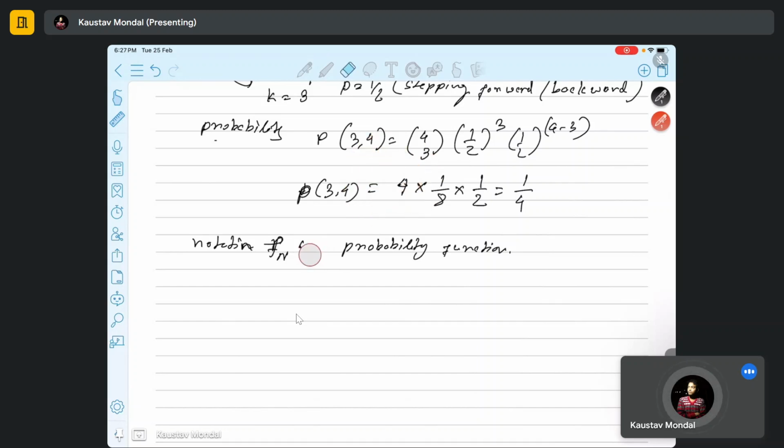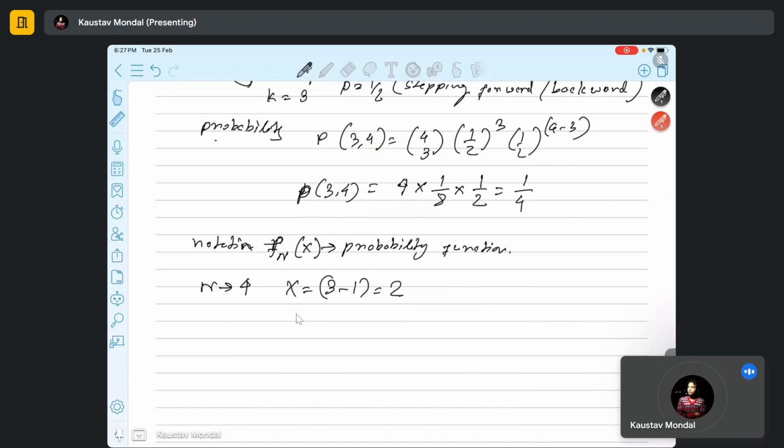Here x is basically the total displacement, and n you already know, that is the total number of steps, which is 4. It moves 3 steps forward and 1 step backward, so the total displacement will be 2.